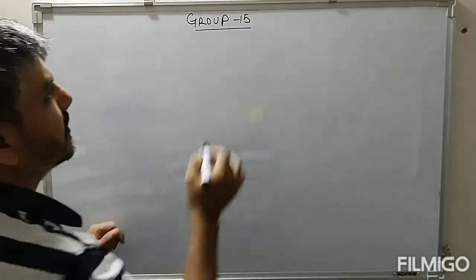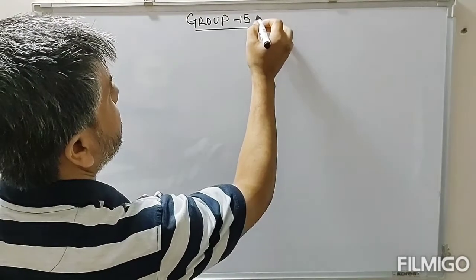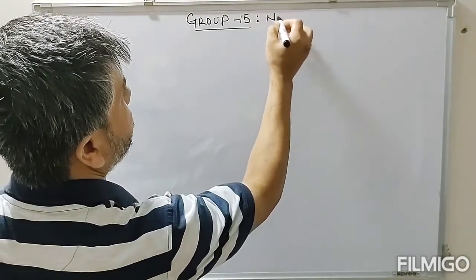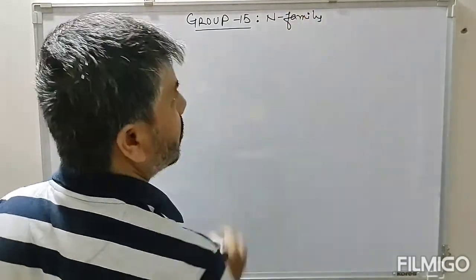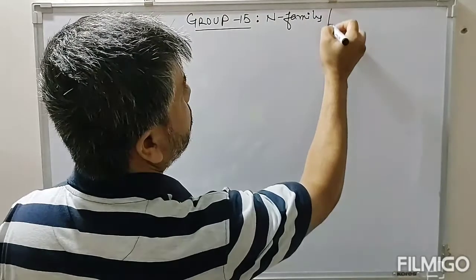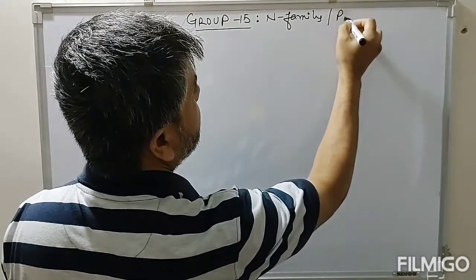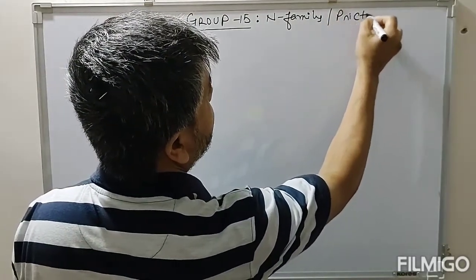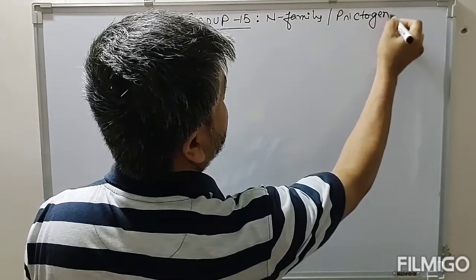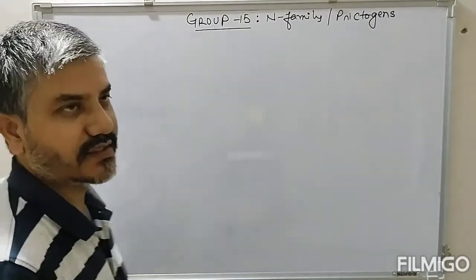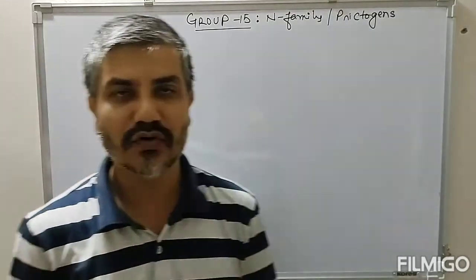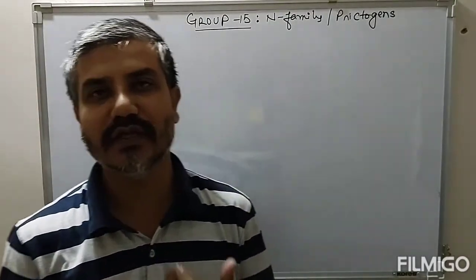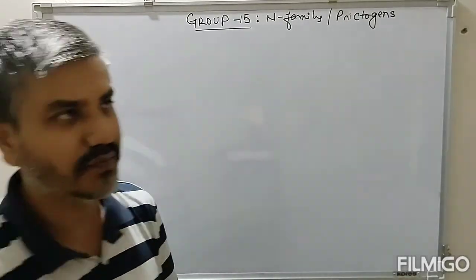These group 15 elements, this is known as nitrogen family, or this is also known as nitrogens. Now why they are known as nitrogens? Because the hydrides of these group 15 are having choking smell.